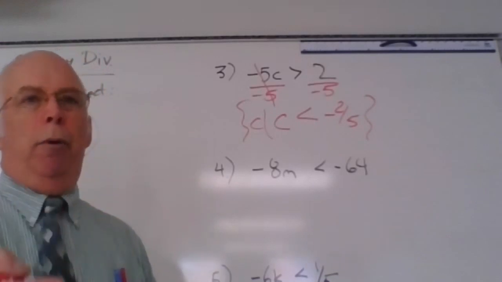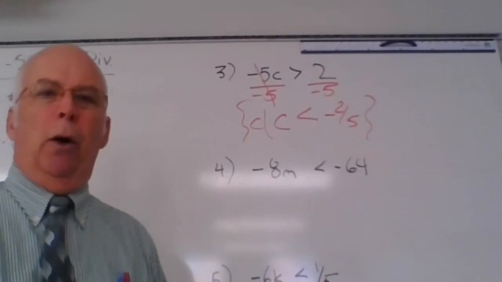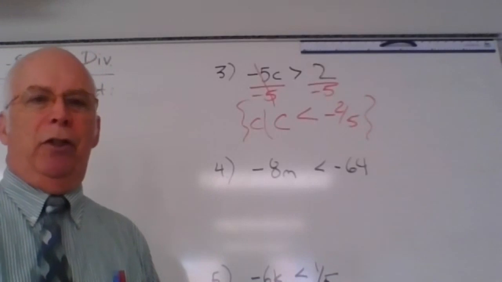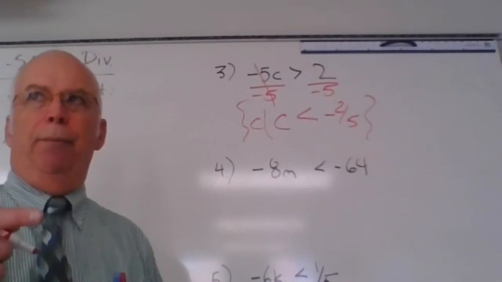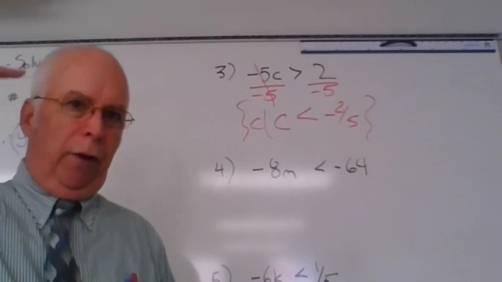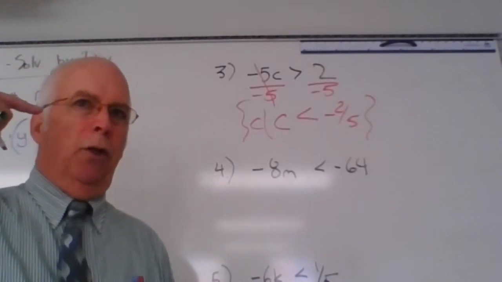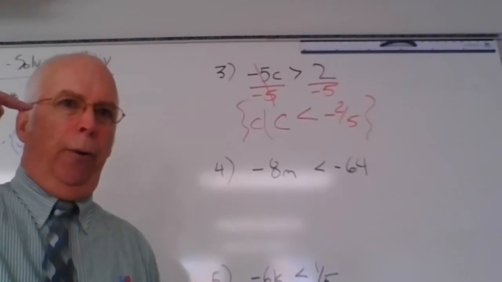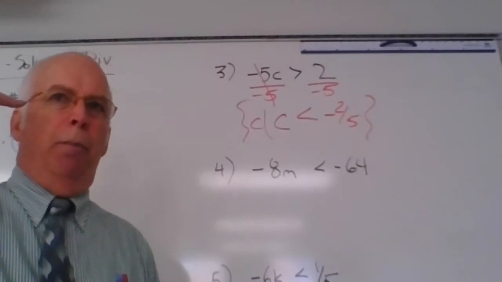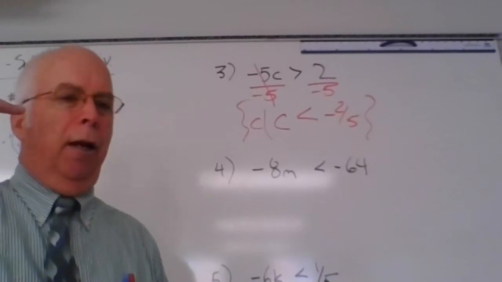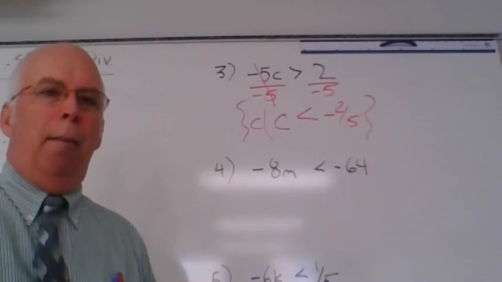And if you're more comfortable with that, hey, you are still dividing because that -5 still ends up in the denominator position. But if in your train of thought it's more logical and the mechanics are simpler for you, you can multiply both sides by the reciprocal, which would be -1/5. Both accomplish the same thing.